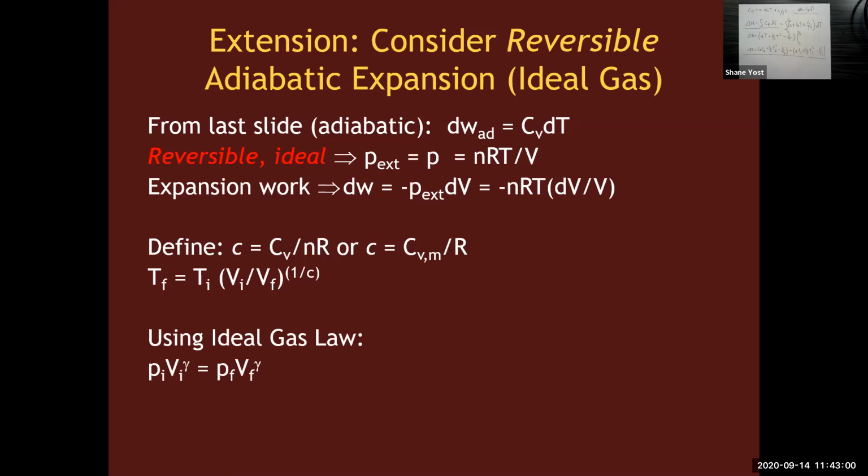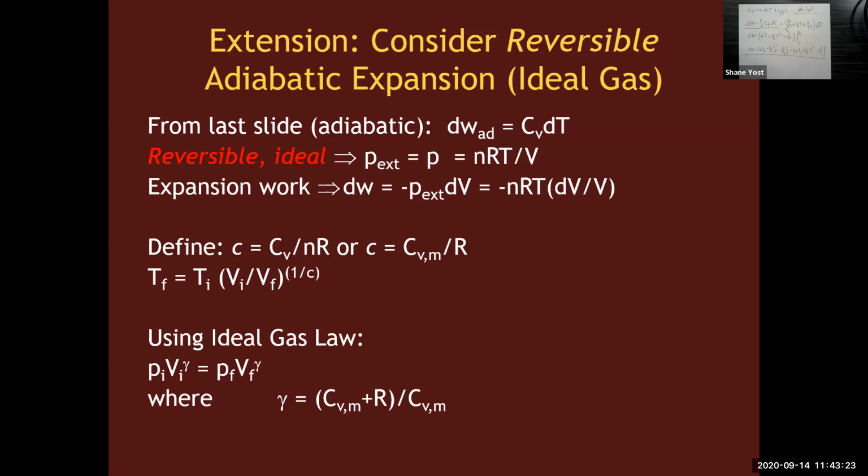If you use the ideal gas law, I'm not going to go through the derivation here in class, but you can also relate the change in pressure between the initial and final pressure. I could have rewritten that equation, saying P final equals P initial times the ratio of the initial over final volume raised to the gamma power.